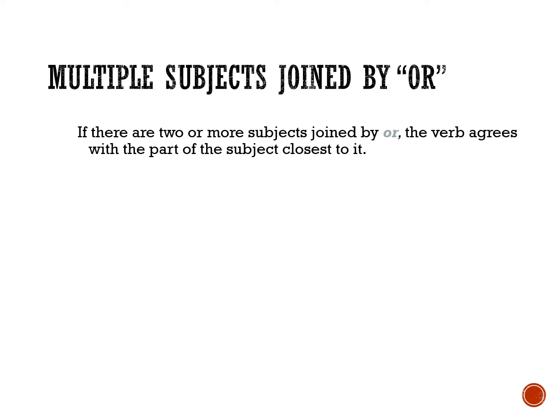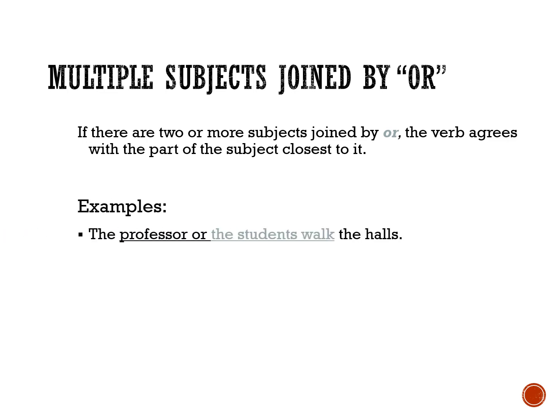Next, multiple subjects joined by "or". If there are two or more subjects joined by "or", the verb agrees with the part of the subject closest to it. For example, the professor or the students walk the halls.